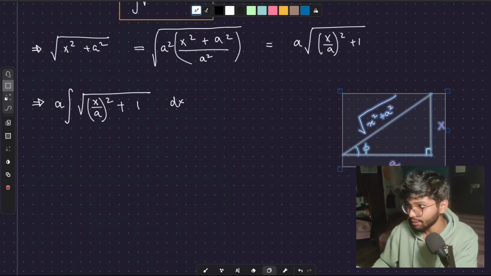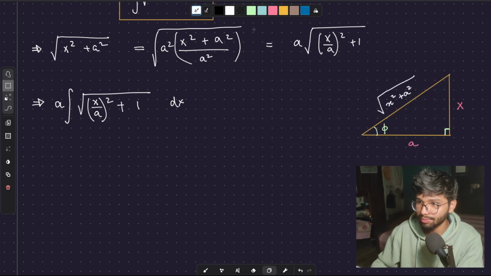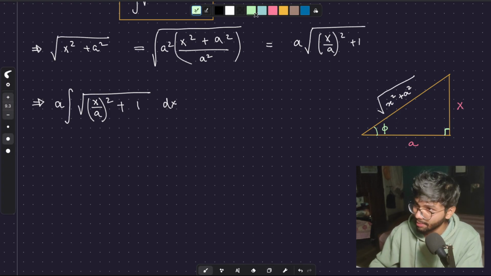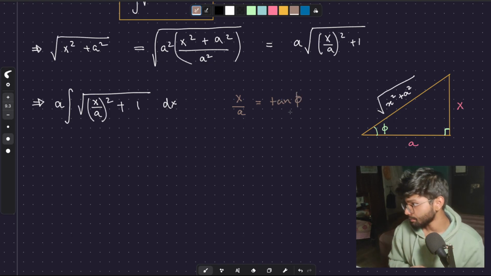Do you remember what we substituted x over a with? Tangent of this angle phi. So we're going to do the same thing here. x over a equals tangent of phi.